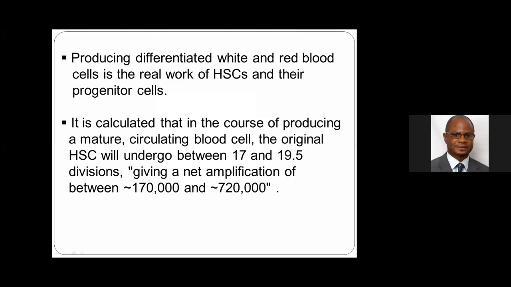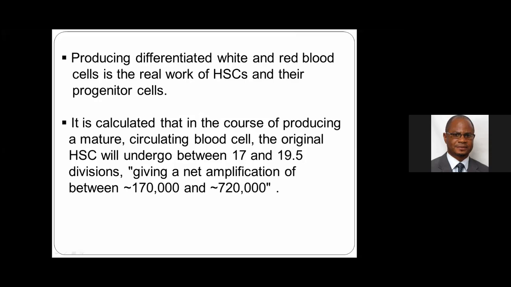Good. So in the course of producing a mature cell, the original stem cell will undergo 17 to 19.5 divisions. And each time it divides, the number doubles. So it will be 1, 2, 4, 8, 16, 32, 64, 128. That is 5 divisions, or is it 4 divisions? So after 4 or 5 divisions, it's already 128.